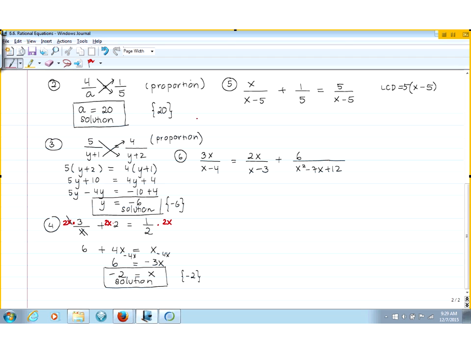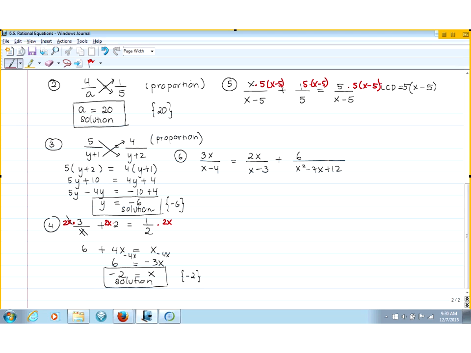Now we will multiply both sides by 5 times x minus 5. So each term is multiplied by the LCD.